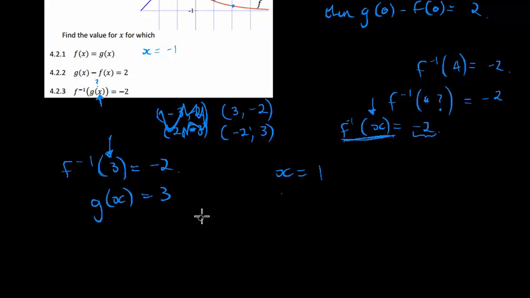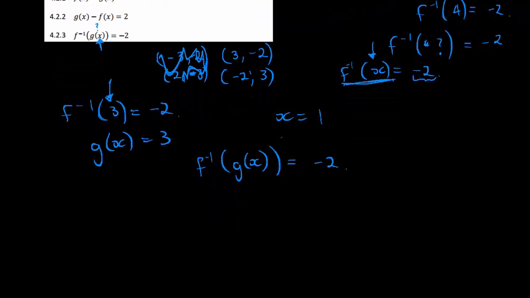Let me show you another way of doing this. One way that the inverse can be used is to get rid of an inverse. The inverse is defined as that value that when I put it into my original function, I'll get x.